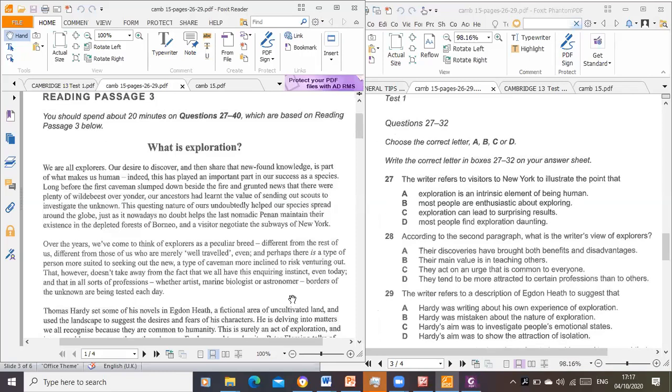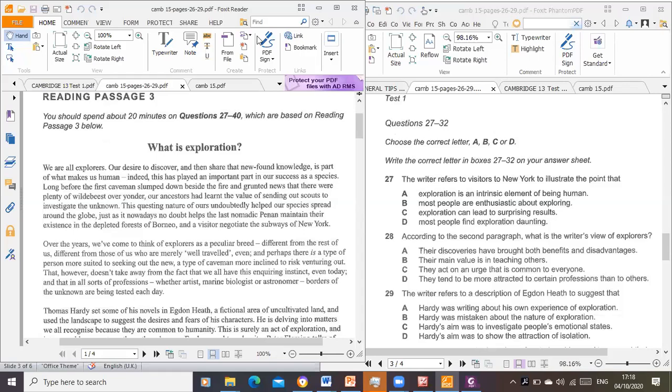All right, so questions 27 to 32 here are multiple choice questions. It says choose the correct letter A, B, C, or D, and you have to write the correct answer in your booklet.